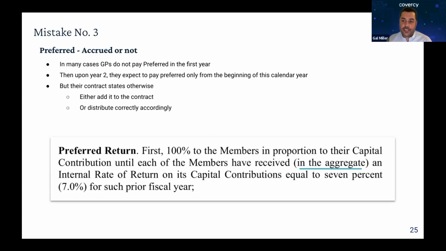They thought the first year is not going to be included. We've opened the contract with them and we've seen an internal rate of return of 7%, but their lawyers even emphasized in the aggregate. So it's important to go over this structure, implement it as early as possible, and try not to miss stuff like that, which, if the GP noticed in the beginning, could maybe have been changed.